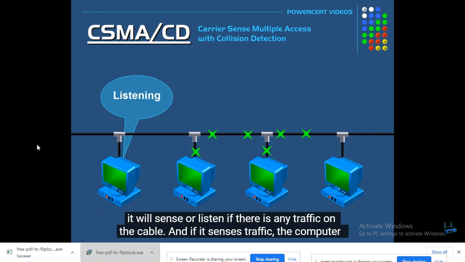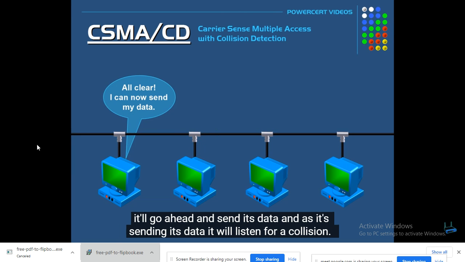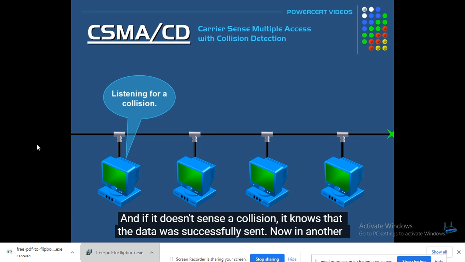It first senses or listens if there is any traffic on the cable. And if it senses traffic, the computer will wait until the cable is idle to send its data. But once it senses that there is no traffic, it will go ahead and send its data. And as it sends its data, it can listen for a collision. And if it doesn't sense a collision, it knows that the data was successfully sent.